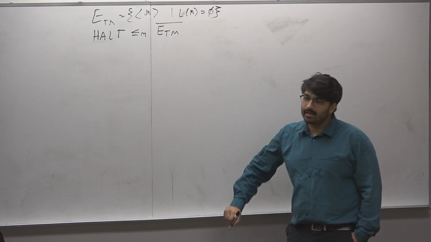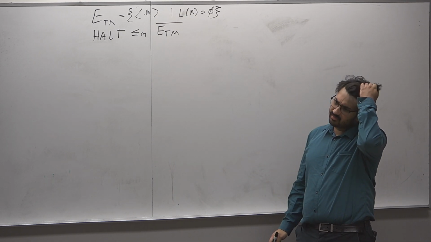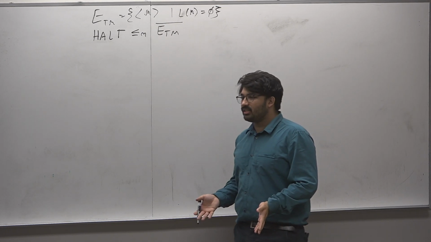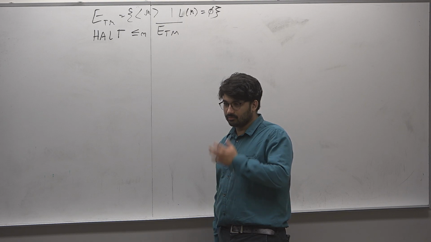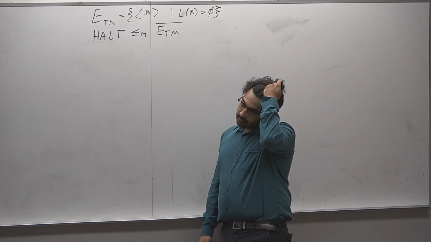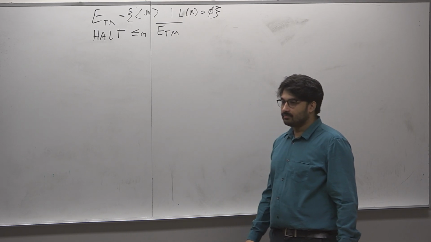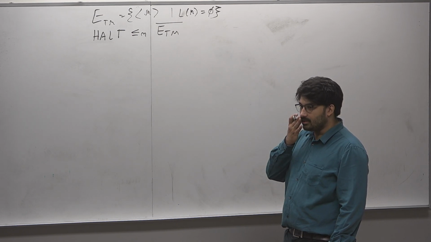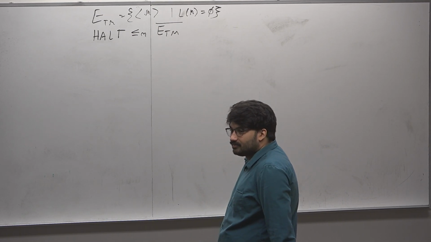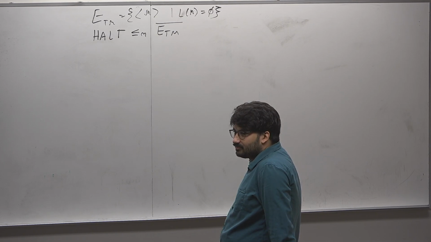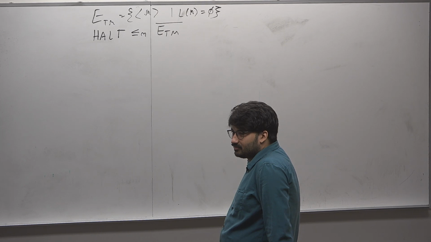Now, why is that okay? Why is proving the complement of ETM undecidable enough to prove that ETM is undecidable? If the complement of ETM is undecidable, then we know that ETM is undecidable, because if ETM was decidable, so would be ETM complement.